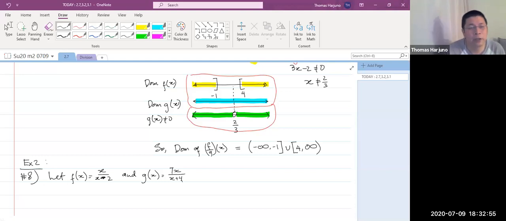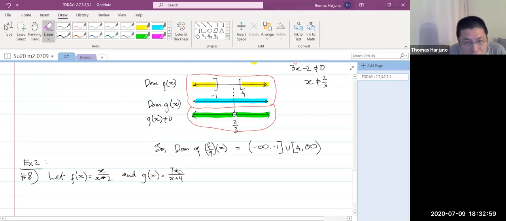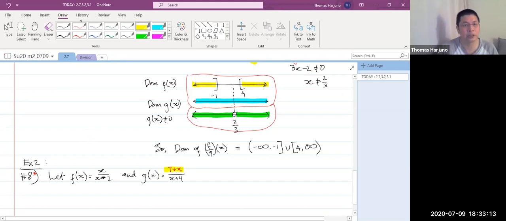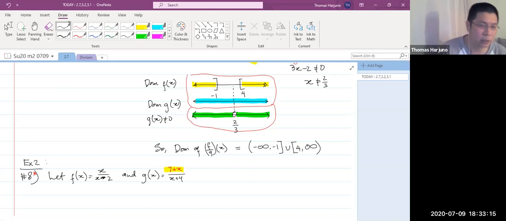Okay, let me modify this question a little bit. Let me change this 7x here. I will make it 7 plus x. I do a little modification, otherwise the question becomes not so interesting.